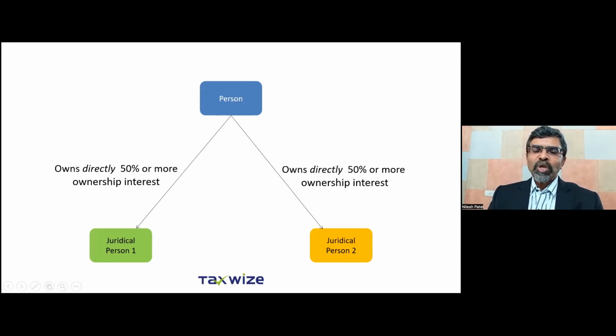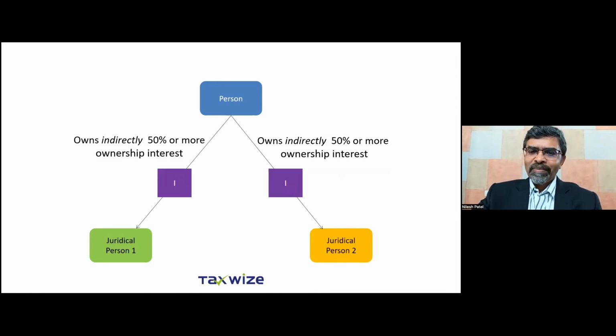Now we come to a situation where the same person, who could be a natural person or a juridical person, owns directly 50% or more ownership interest in two or more juridical persons. In this case, all three persons are related parties.